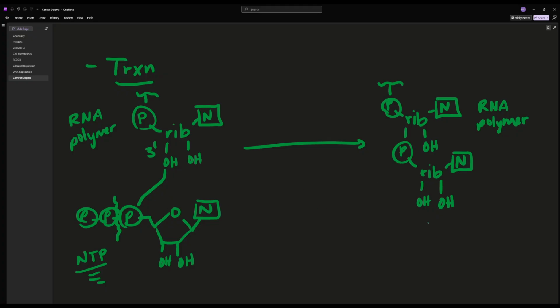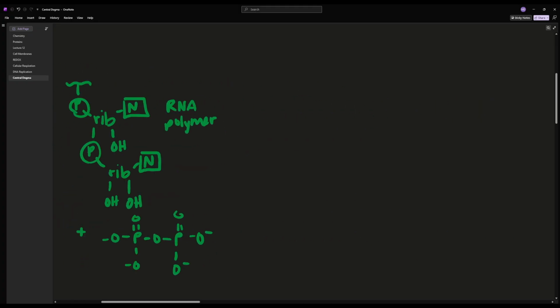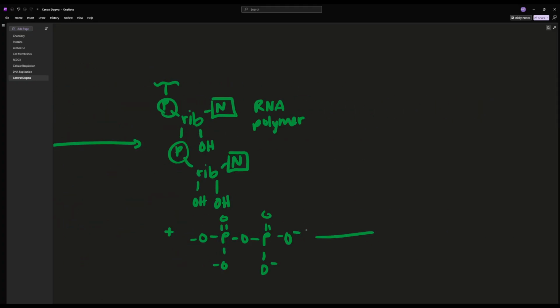And then we've also generated that pyrophosphate. That then gets immediately hydrolyzed by pyrophosphatase. Same thing. So hydrolysis to 2 inorganic phosphates.